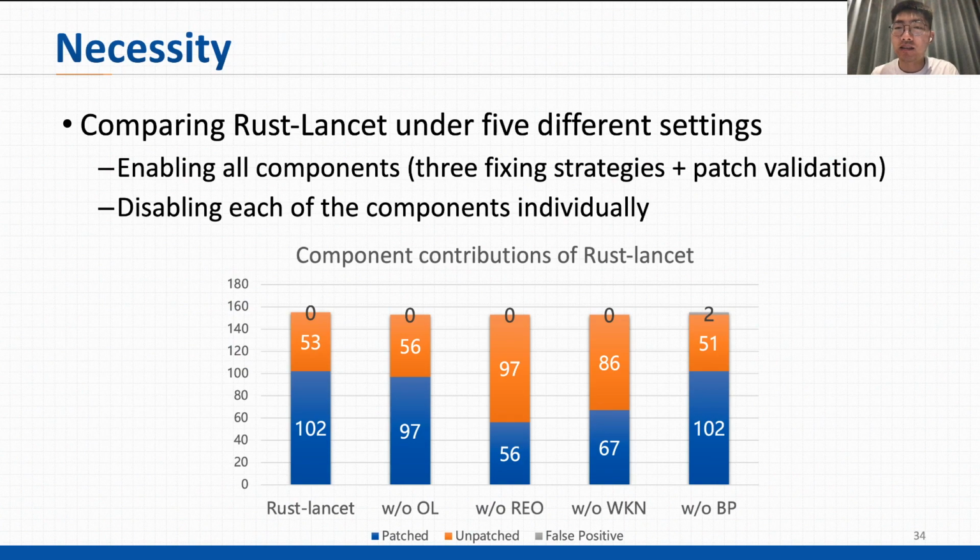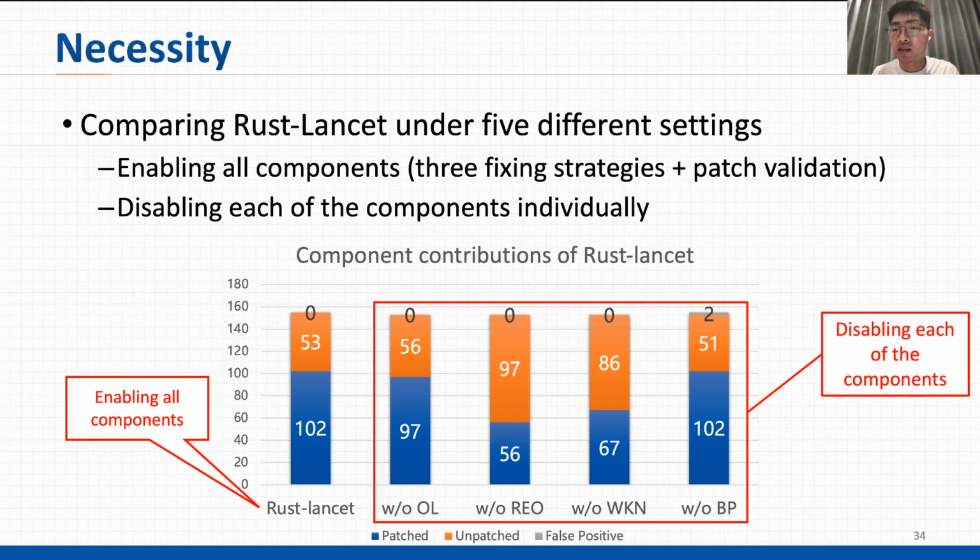We compare Rust-lancet under 5 different settings. The first setting enables all components, containing 3 fixing strategies and patch validation. This setting leads to the most patched cases and no false positives. The other settings disable each of the components.